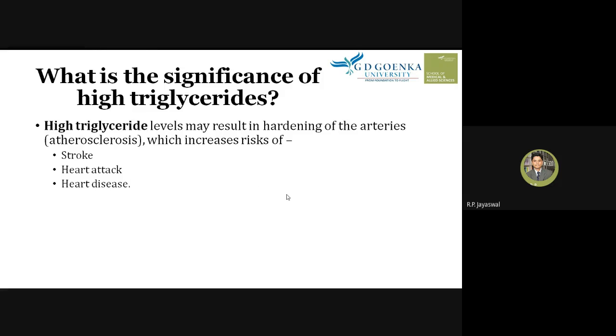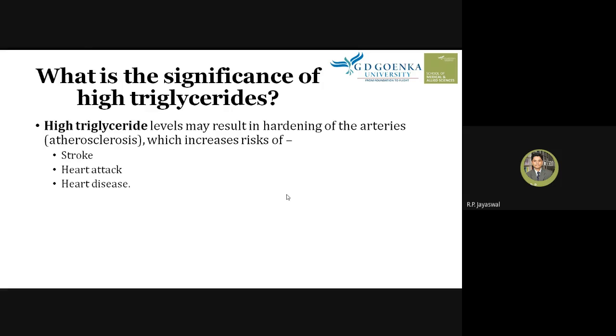What is the significance of high triglycerides? If the value is above the normal range, it is called a high triglyceride level. A high triglyceride level may result in hardening of the arteries. When the person has a high level of triglycerides in the blood, it can result in the hardening of the arteries, and that process we call atherosclerosis.